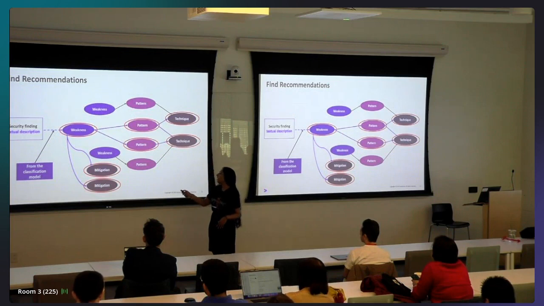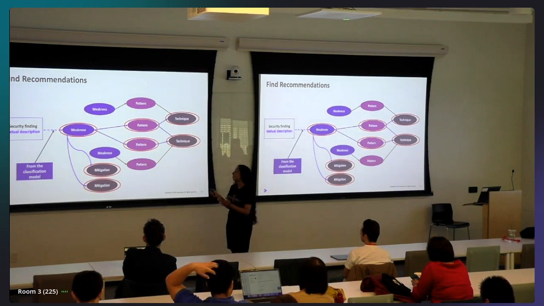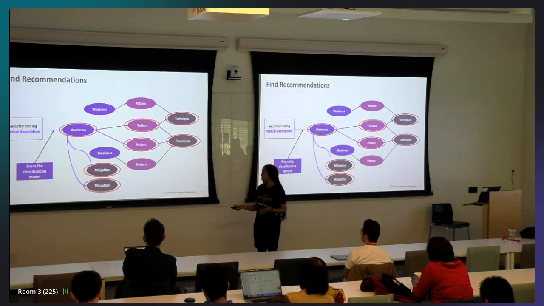When we have this weakness, this class, we can find the patterns correlating to the weakness. Also, we can find the attack techniques, and then we can find the mitigation. All this data we can find from the graph retrieval.